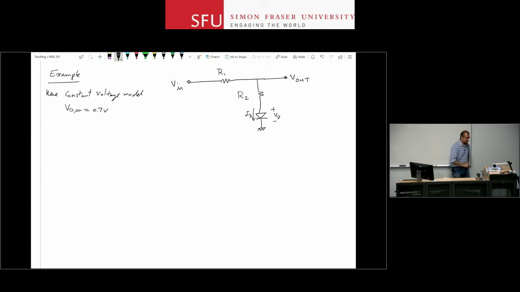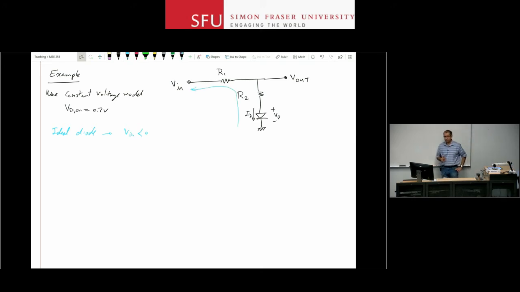Well, if the diode was ideal, I can use the experience that I have from previous examples and say, for negative voltages, if V in was negative, then what you would have is a current that wants to go from ground to your source.